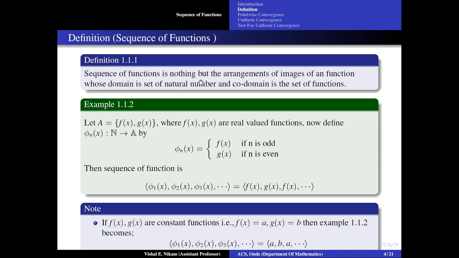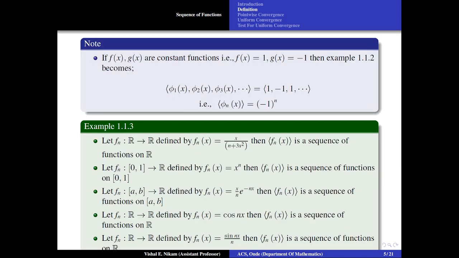It is a mapping, that is, the images of a function whose domain is the natural numbers and codomain is a set of functions. If this codomain contains only real numbers, then it is nothing but a sequence of real numbers, and here we get an alternating sequence of real numbers.